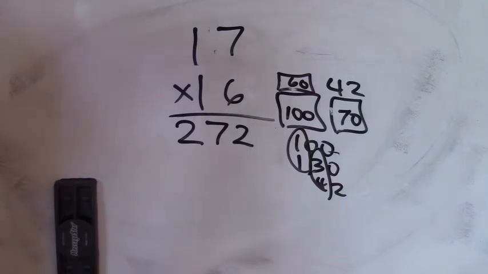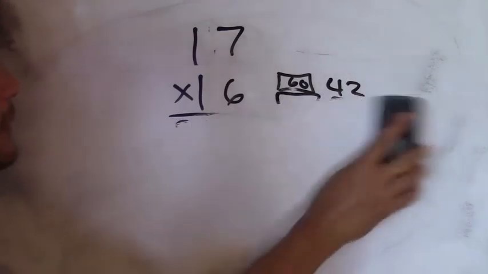Can you remember that? 17 times 16, 272. Say it. It helps your brain get it. 272. And guess what? 16 times 17 is also 272.